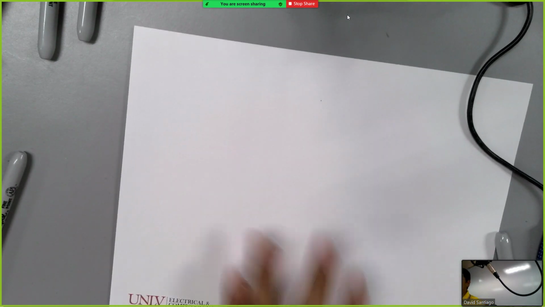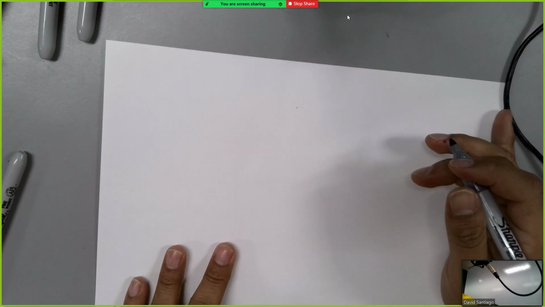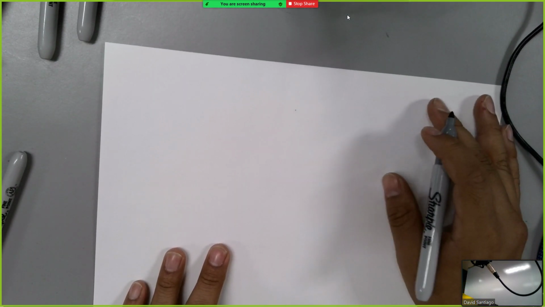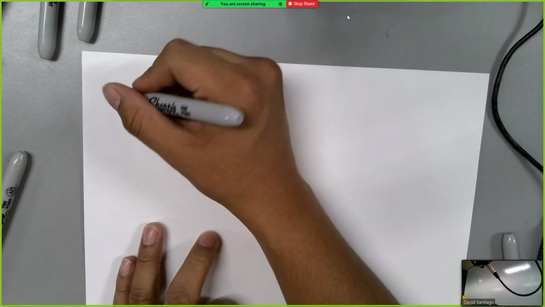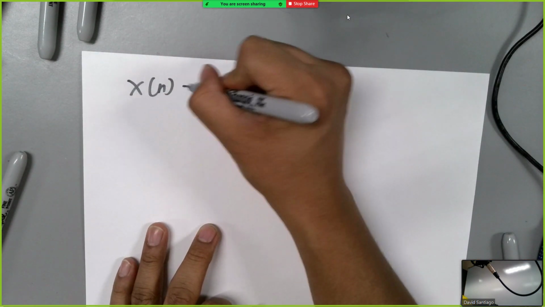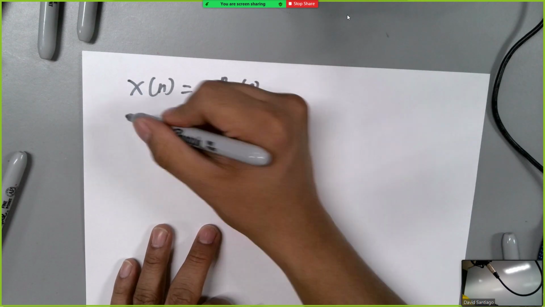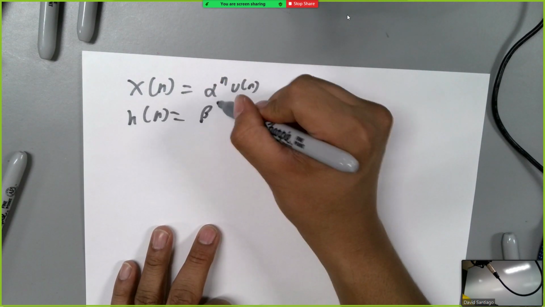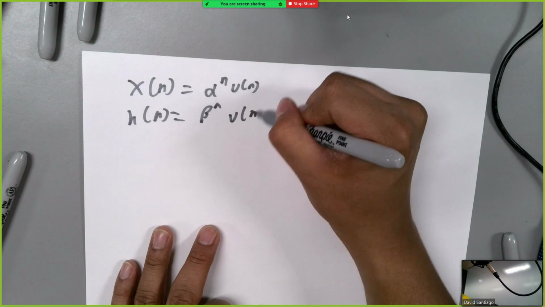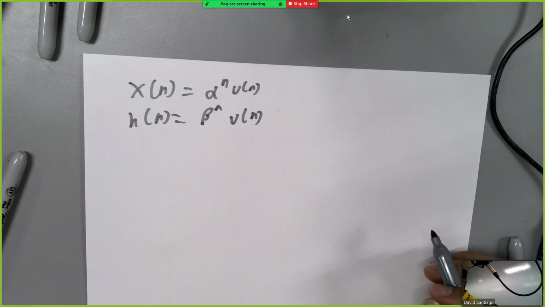So what I was meaning by that was, okay, we just took exam 6, right? So let's say it gives you x of n is equal to, I don't know, alpha to the n, u of n, and h of n was equal to beta to the n, u of n, something like that. I'm just going to give some random signals.